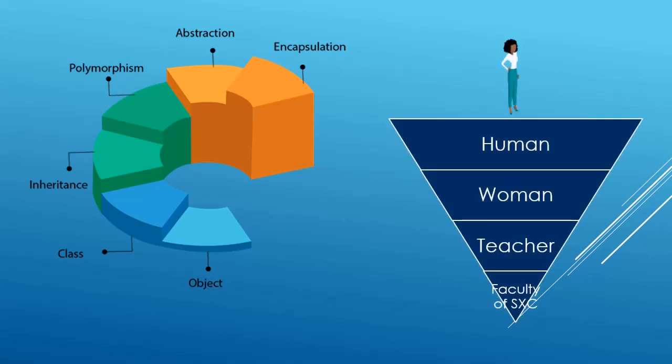Regina is not just a human. She is a woman, she is a teacher, she is a faculty of XII. So all the attributes in the class human will go to the subclass woman. Now again all the attributes in the subclass woman will go to the subclass teacher.